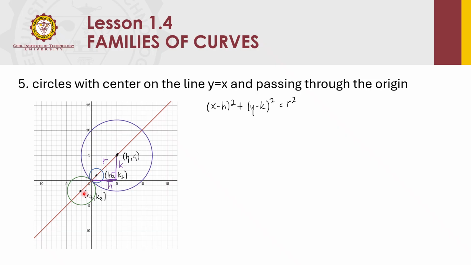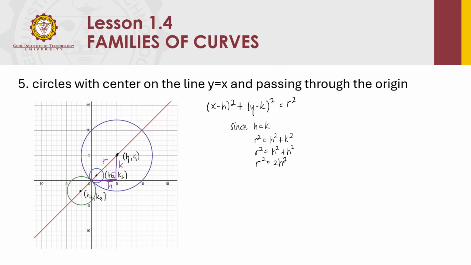Therefore, h is equal to k. Since h is equal to k and r squared is h squared plus k squared, we replace k with h, so r squared is h squared plus another h squared, so r squared is 2h squared.